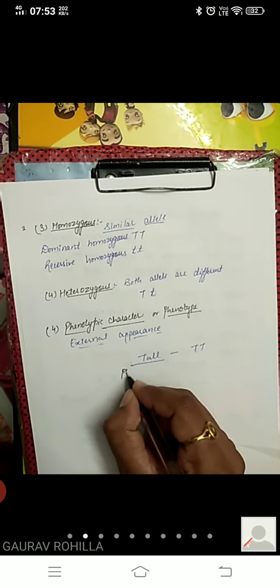We are saying that they are the dominant character and a recessive character, meaning tall and dwarf. In case of capital T, the character is tall. So here tall is the phenotype.